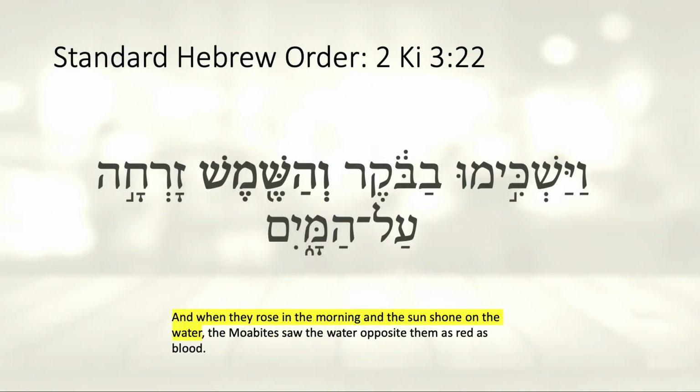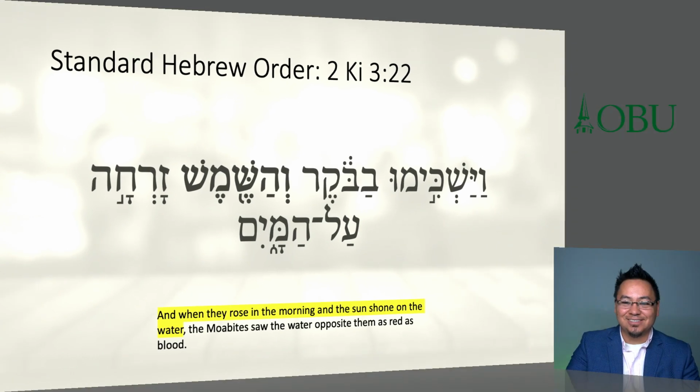Another for us to see really easily here is 2 Kings 3:22. Vayashkimu babochar vehashemesh zarchah al hamayim, upon the waters. Again, this is slightly small on my screen to read. I apologize. And when they rose in the morning, the sun shined upon the water.